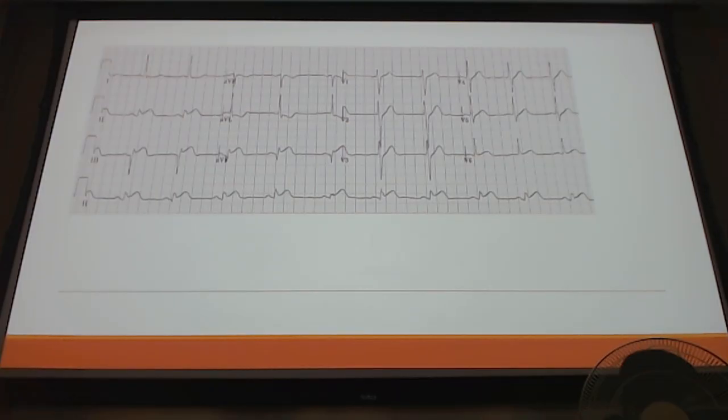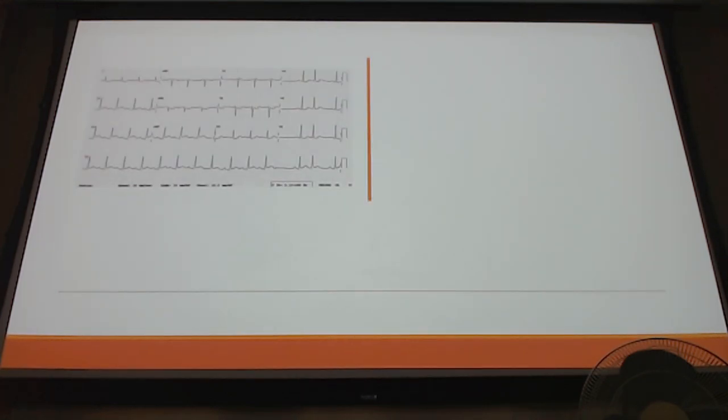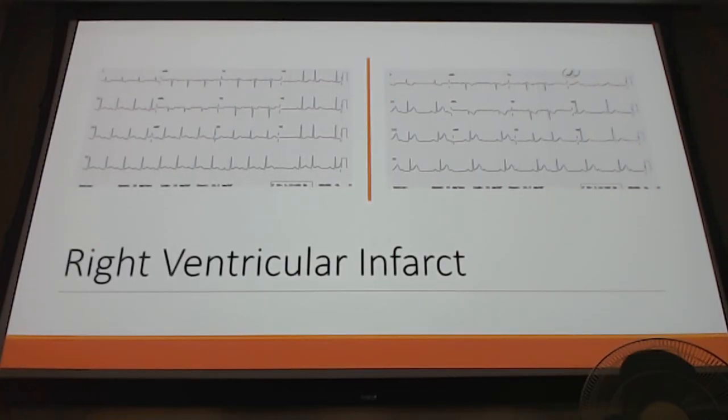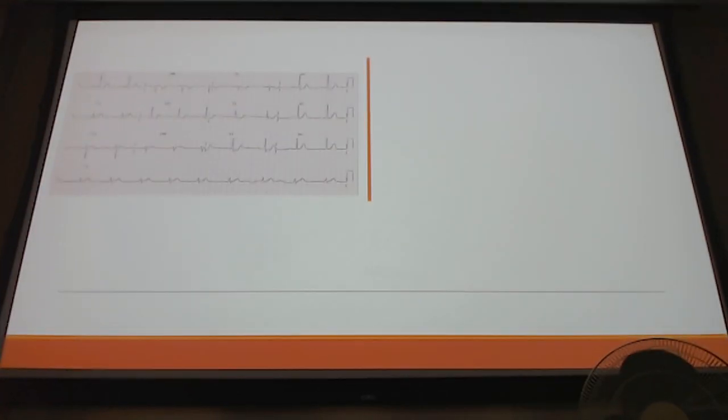Yeah, we'll get a right ventricular, or right-sided leads, or we get a V4R. Good. All right. It's pretty small. And this is just showing what it looks like when you get your right-sided leads. That's a right ventricular infarct. Good.